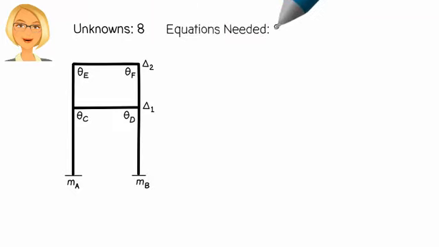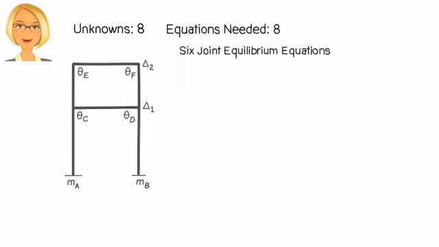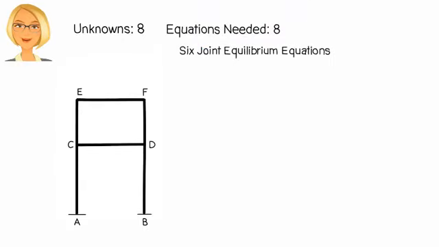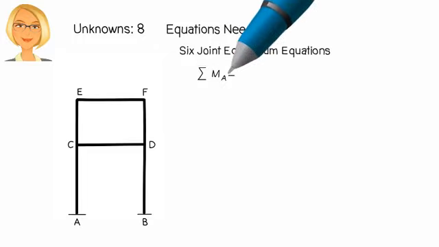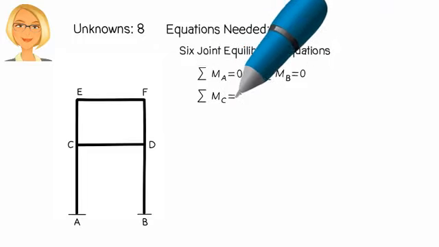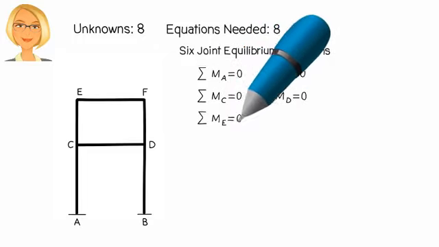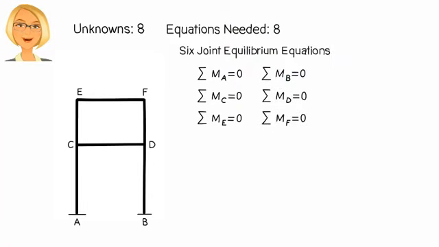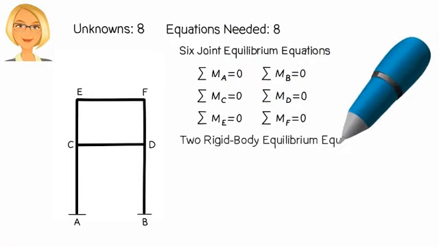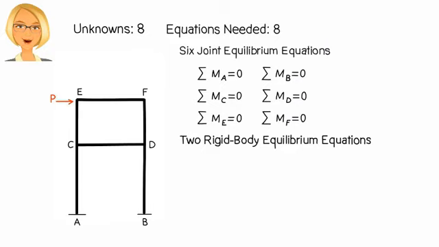We need 8 equations for determining these unknowns. 6 of these equations come from the moment equilibrium condition for the joints. They are the remaining 2 equations come from a rigid body equilibrium condition applied to 2 distinct parts of the frame.